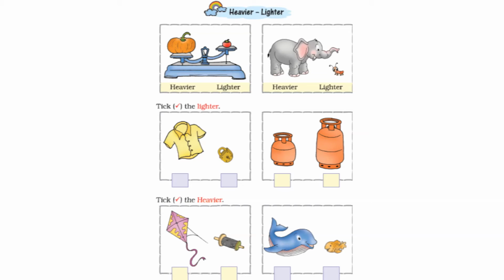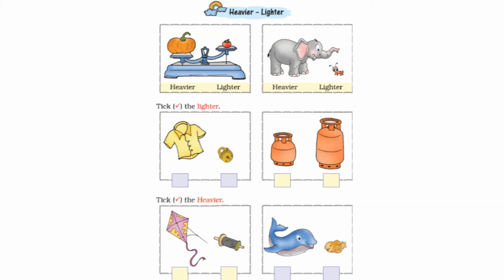So you can say pumpkin is heavier, or tomato is heavier. Heavier is pumpkin, right? And tomato is lighter compared to the pumpkin. Okay. Elephant is heavier and ant is lighter. Correct. Lighter they have asked, you have to tick the lighter one.